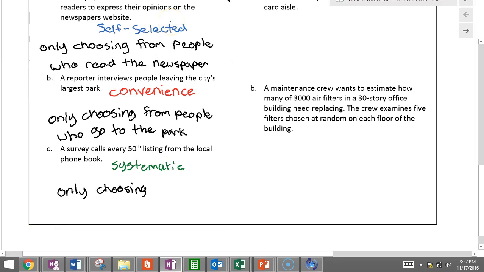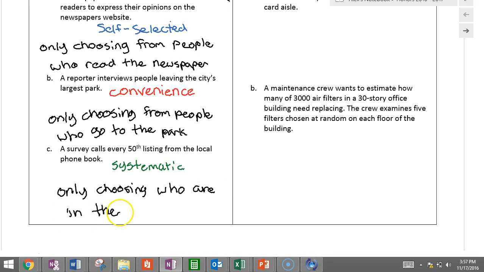Not everyone is in the phone book. I know I'm not in the phone book. I don't have a home phone number. I only have a cell phone, so I couldn't possibly be chosen for this sample. There's no possible way. So that is bias.